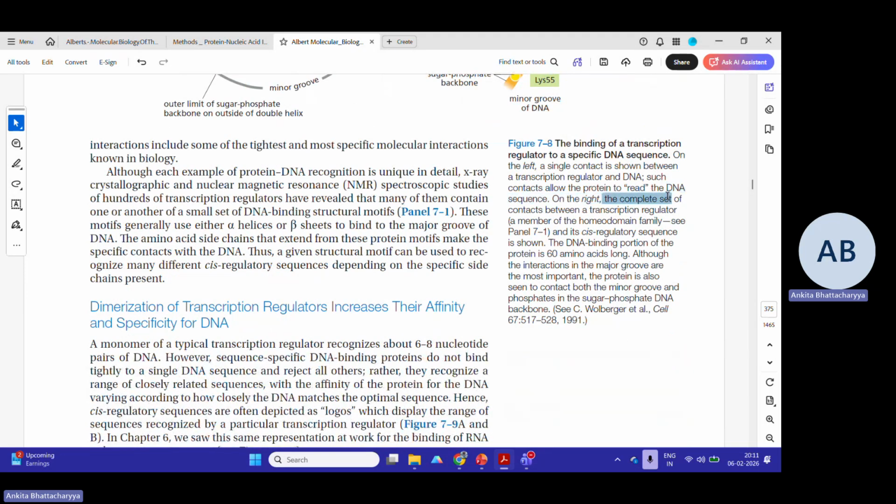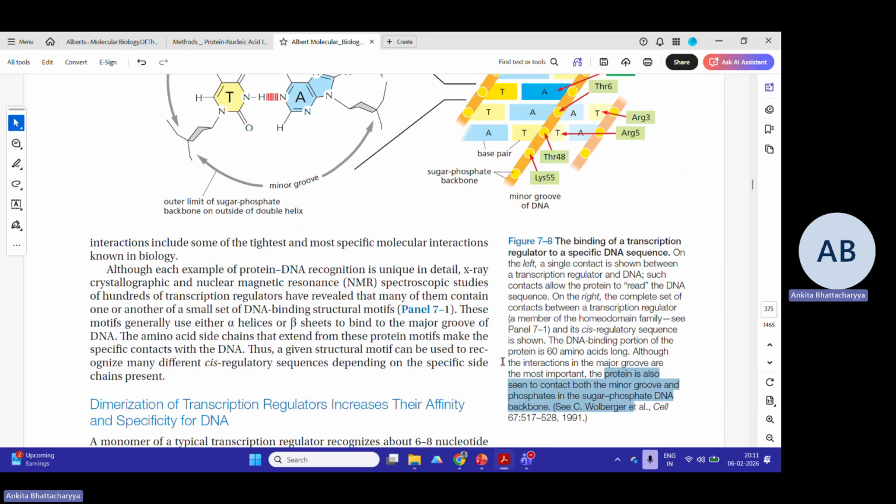On the right, the complete set of contacts between a transcriptional regulator, here a member of the homeodomain family, and its cis regulatory sequence is shown. The DNA binding portion of the protein is 60 amino acids long. Although the interactions in the major groove are most important, the protein is seen to contact both the minor groove and the phosphates in the sugar phosphate backbone.